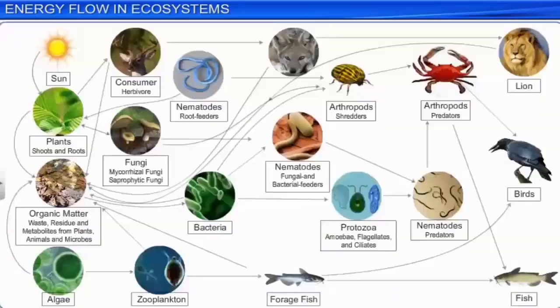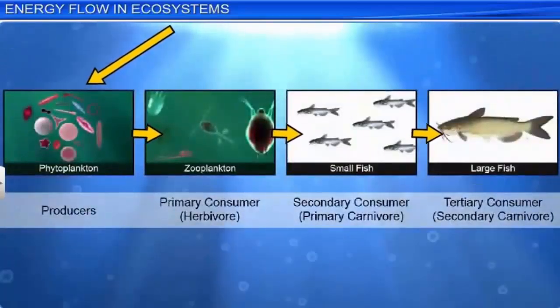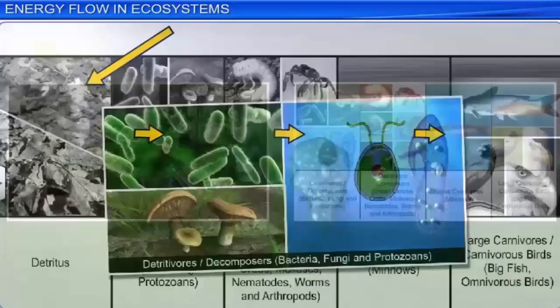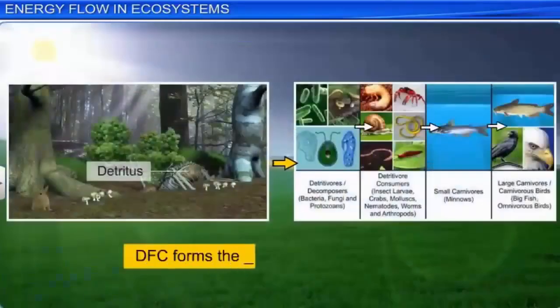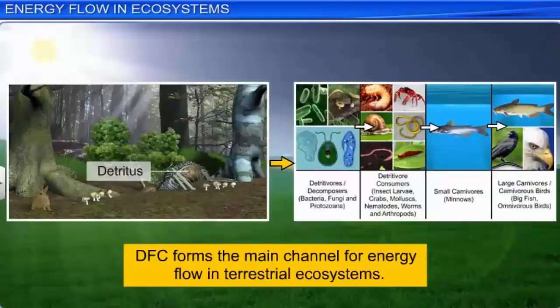Such interconnection of food chains leads to the formation of a food web. It is also seen that the GFC forms the main channel for energy flow in aquatic ecosystems, while in terrestrial ecosystems, most of the energy flows through the DFC.